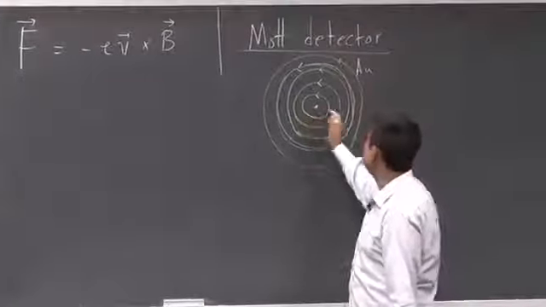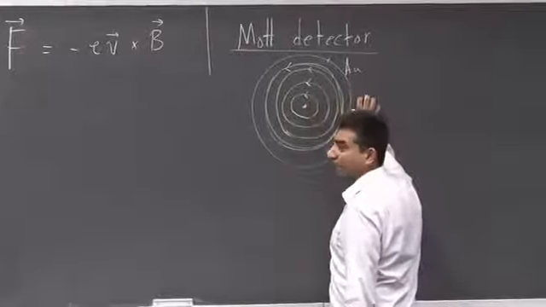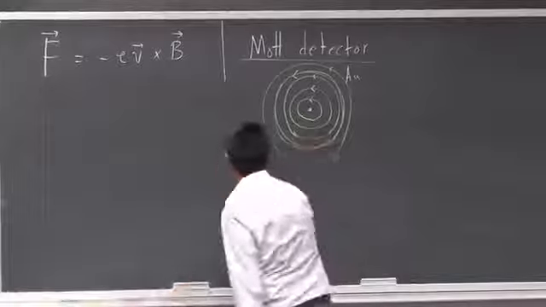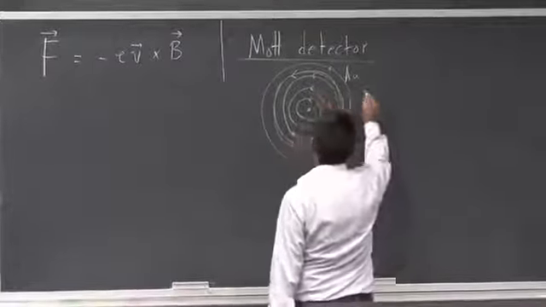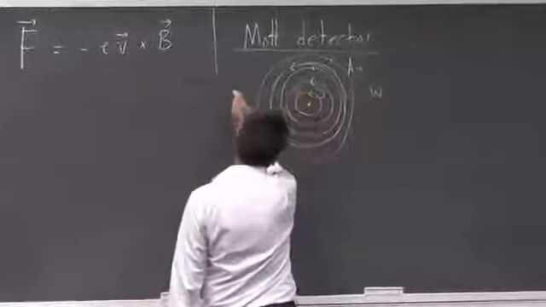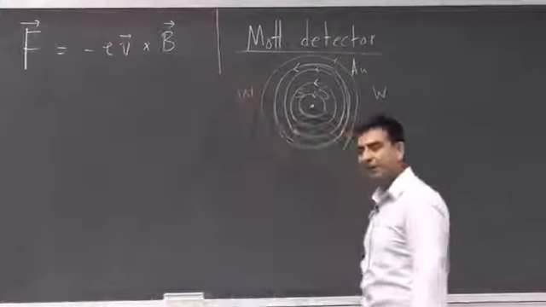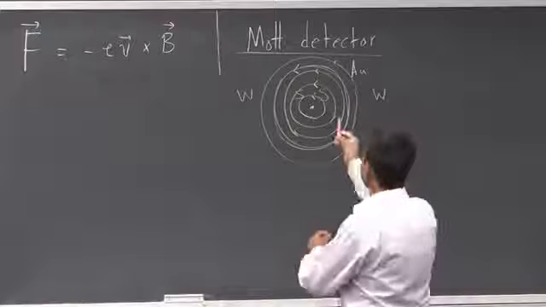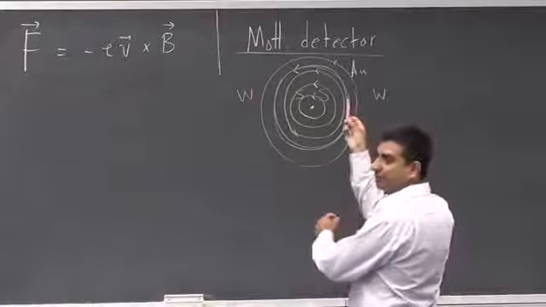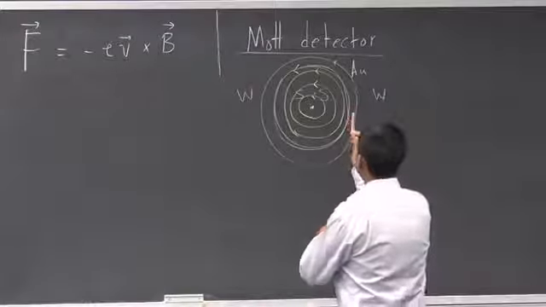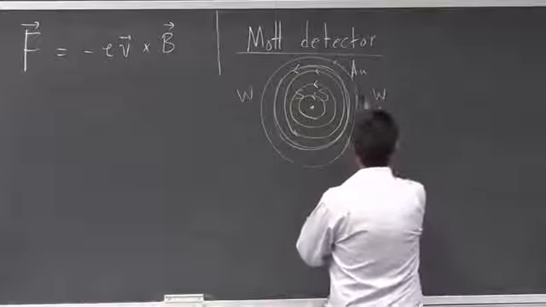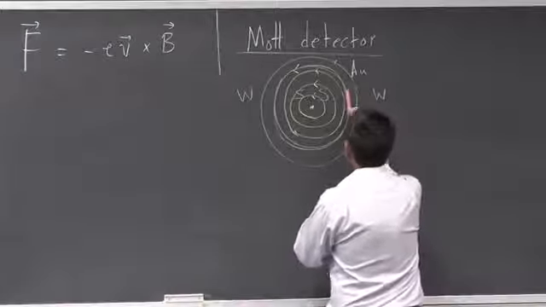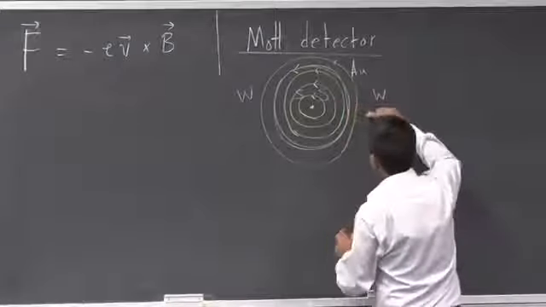So the field is strong here and the field is weak here. You have a gradient of the magnetic field. So you have a strong field here and a weak field here. Now you have a magnetic dipole, an electron whose spin is pointing in the up direction. It's coming in to the right of the nucleus. Now the magnetic field gradient is in this direction.